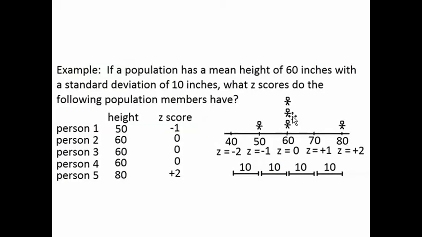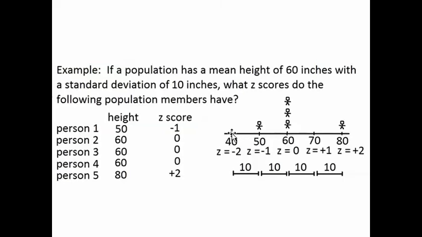So if we kept on going, if we extended this number line, eventually we would have a tick mark for 100, and that would be plus 4. A person with a z-score of plus 4 would be pretty far above the mean, because they would be 100 inches tall.